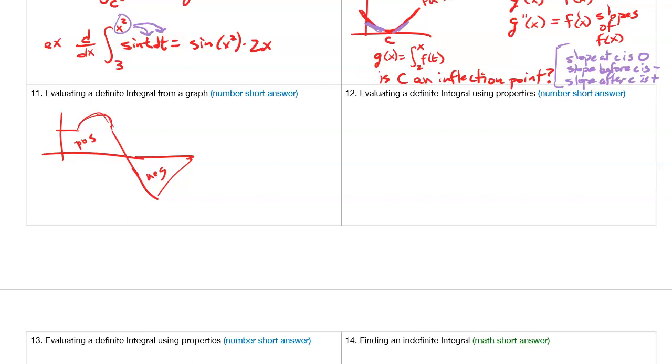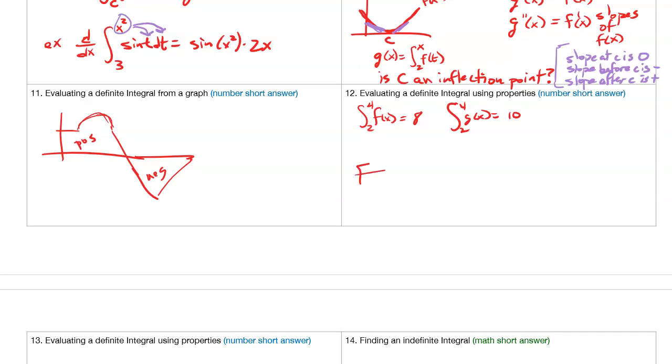Evaluating a definite integral using properties. Okay, so this was the style question where you might be told that the integral from 2 to 4 of f of x is equal to 8, and the integral from 2 to 4 of g of x would be 10.